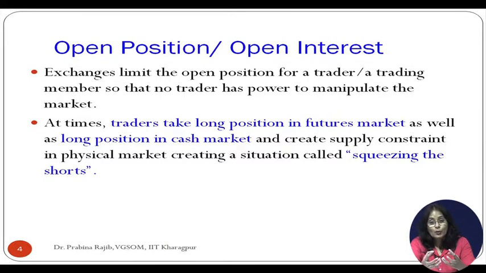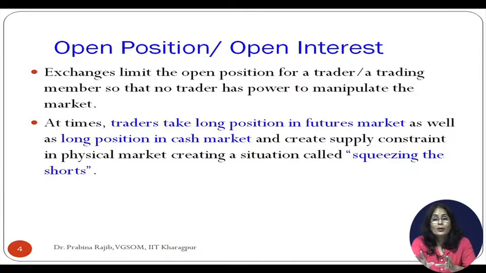And when they are owning the underlying asset, specifically in a situation where you do not have more of the underlying available in the market, that is, in a situation of a supply constraint, they take a position in the cash market, they buy the underlying, put it in warehouses or godowns and do not release it into the market, and simultaneously take a long position.